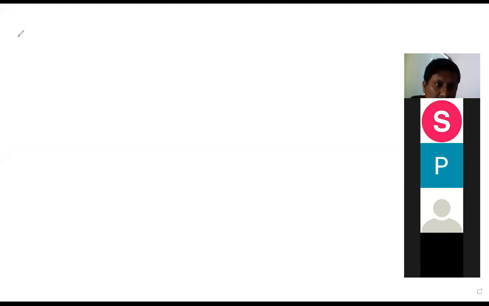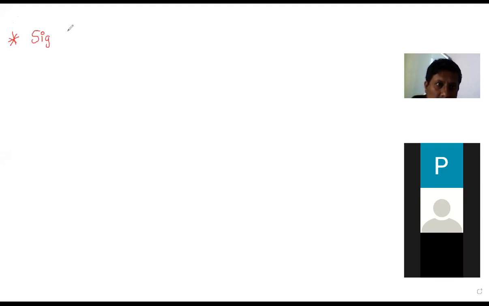The heading will be the significance of poles and zeros of network function.